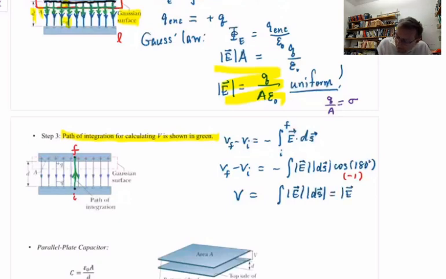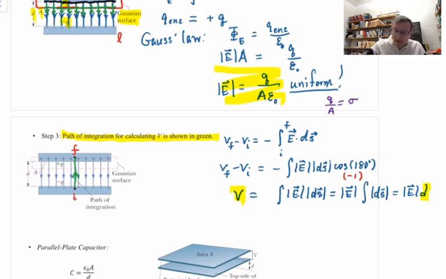Then you just have the integral of all the little ds's, little steps, from point I to point F. Well, that'll just be the total distance from point I to point F, which is d. So this is just magnitude of E times the distance d between the plates. So now we have a nice simple formula for the magnitude of the electric field and the distance d between the plates.